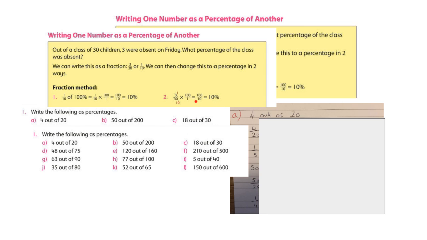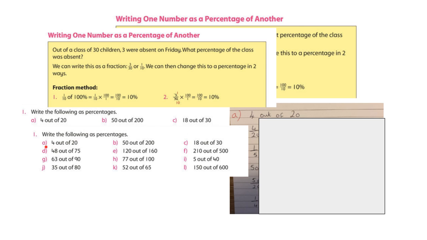So 1 by 100 is 100, 10 by 1 is 10, and it equals 10%. But we know from looking at the fraction 1/10 that that is 10%. So 10% of the children in the class were absent on Friday, 3 out of 30.